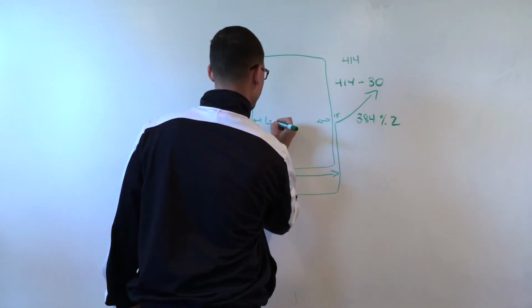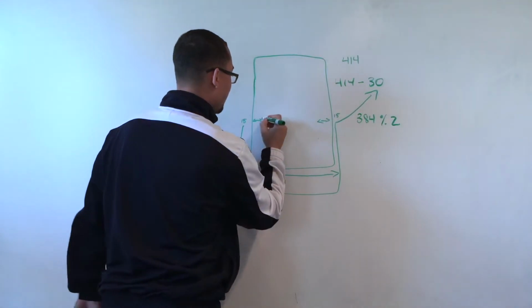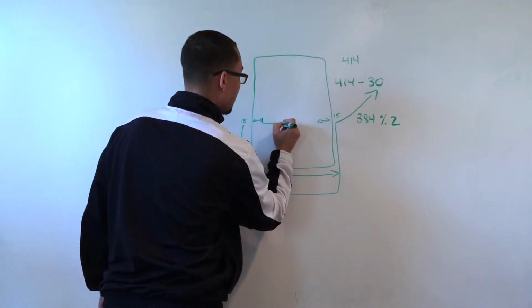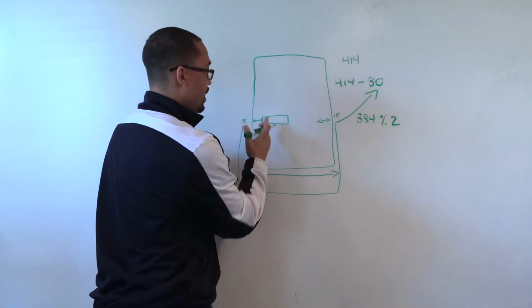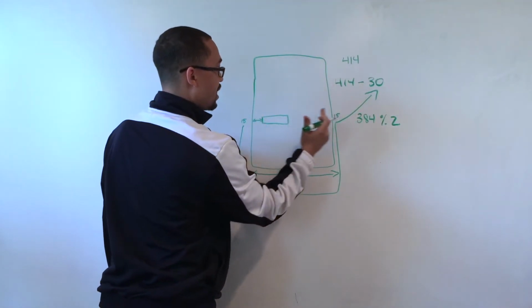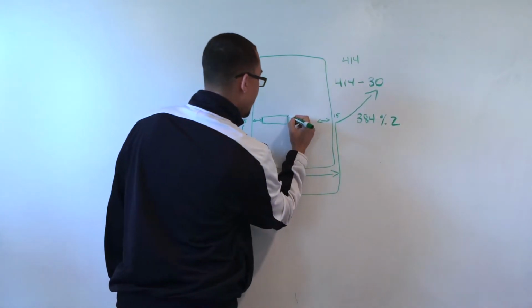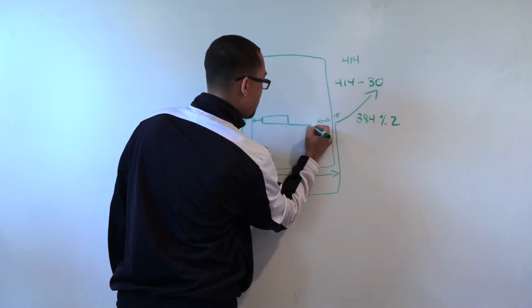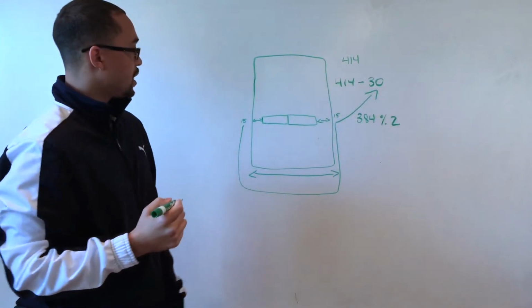When we divide that by 2, the button is going to start at the 15 right here, come out, and stop right there. It's going to be equal: 15 here, 15 here, and 15 here. When we divide those 2 buttons by 2, both of the buttons are going to be touching.